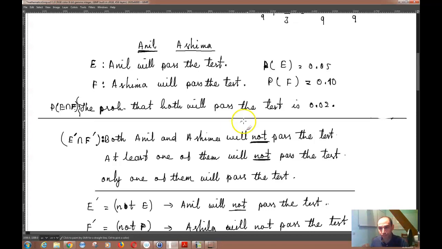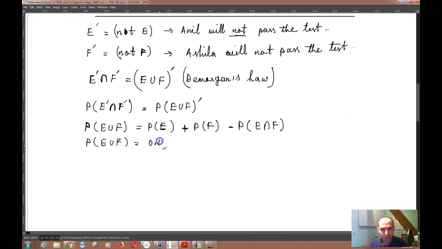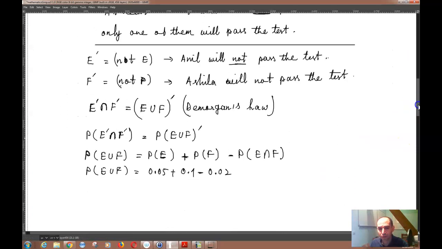But now, putting these values in that formula, I have P of E as 0.05 plus 0.1 minus 0.02, if I'm not mistaken.